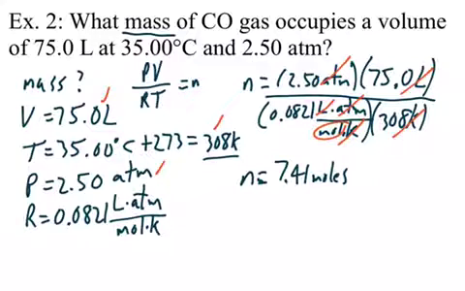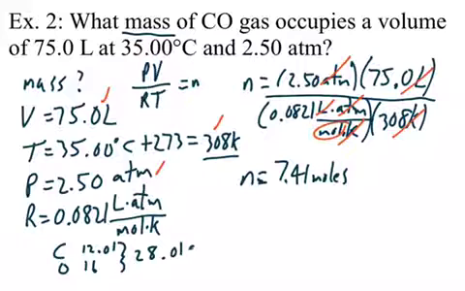If you multiply the moles by the molar mass, okay, and they give you carbon monoxide, carbon is 12.01 and oxygen is 16, and if you add that up, we can get the molar mass. Molar mass adds up to 28.01.